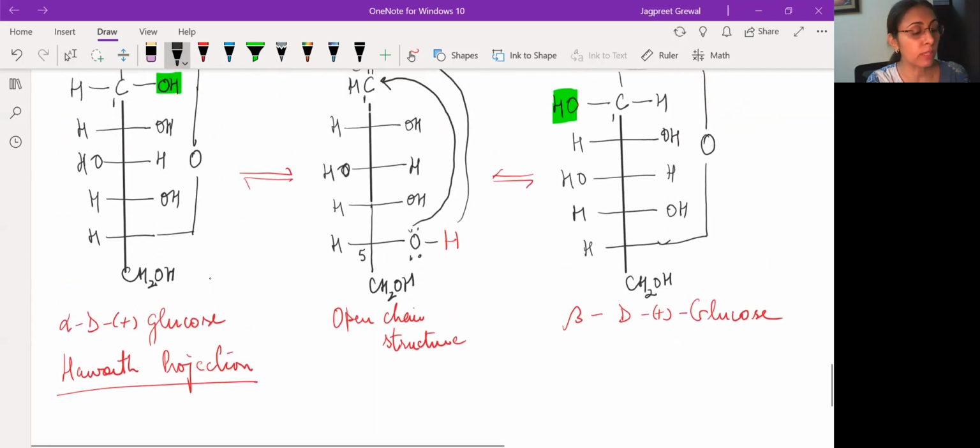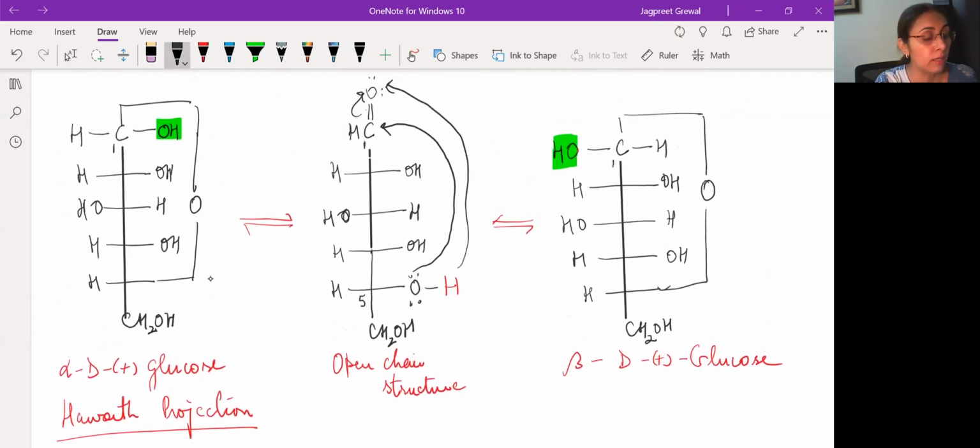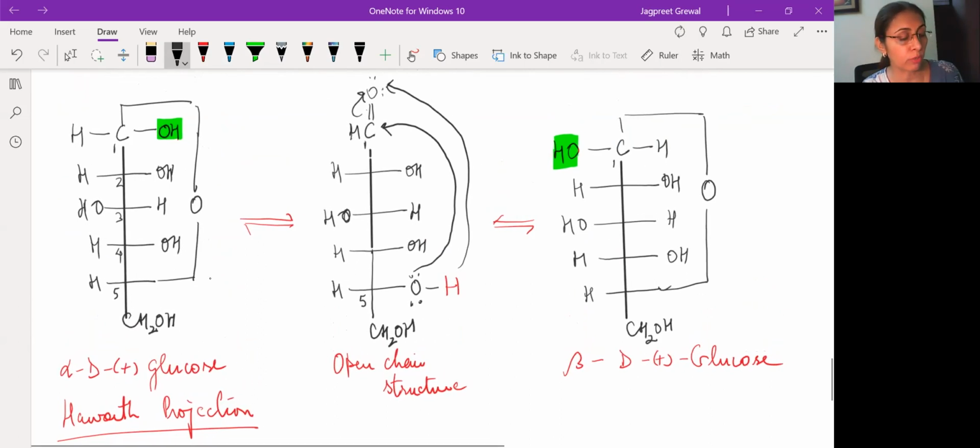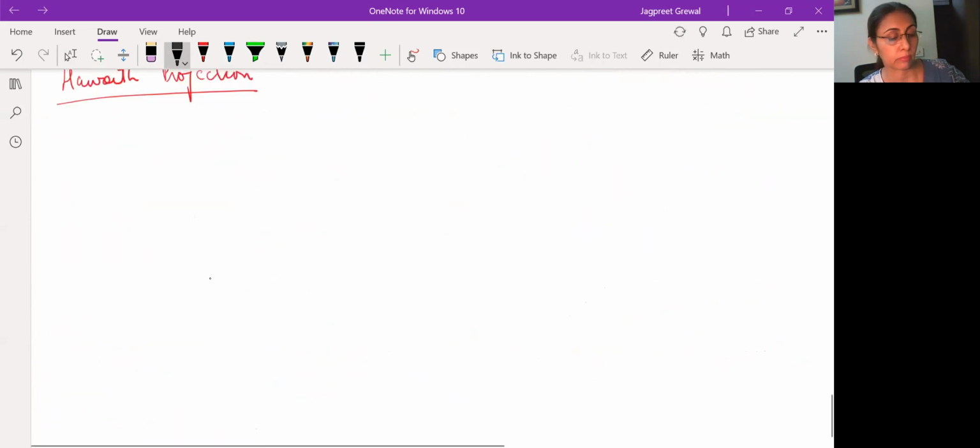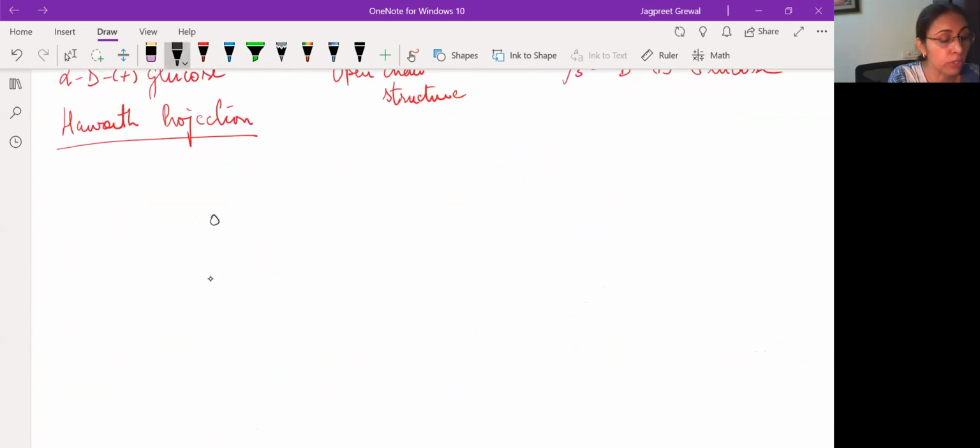So in this structure, what do we see? How do we make it? The glucose molecule will form a 6-membered ring, out of which there will be 5 carbons and 1 oxygen. So if I draw these projections over here, this is the ring structure, 6-membered ring, carbon 1 over here, 2, 3, 4, 5, and carbon 6 will be this one.